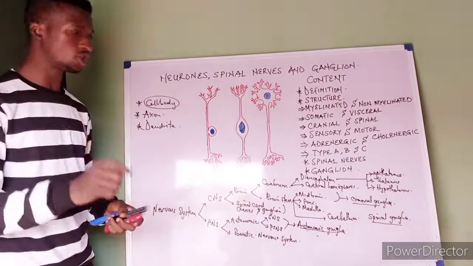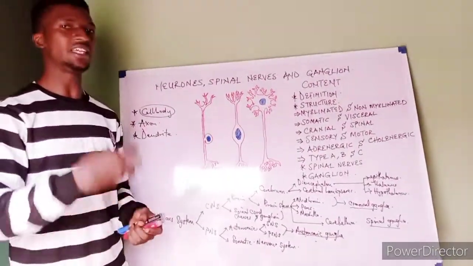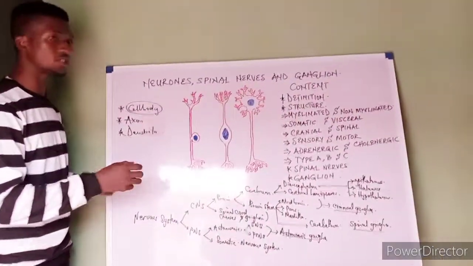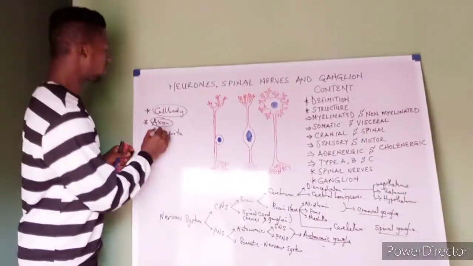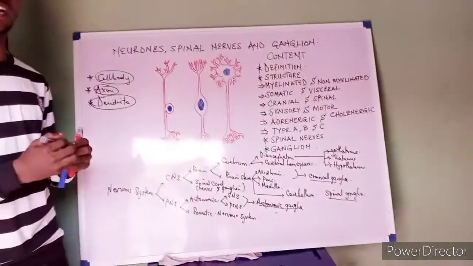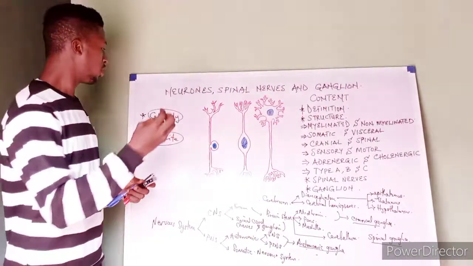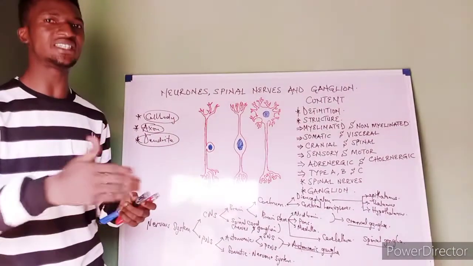The axon extends from the cell body and carries impulses away from the cell body. That is what we refer to as the axon. Dendrites, however, are short extensions of the cell body that carry impulses towards the cell body.